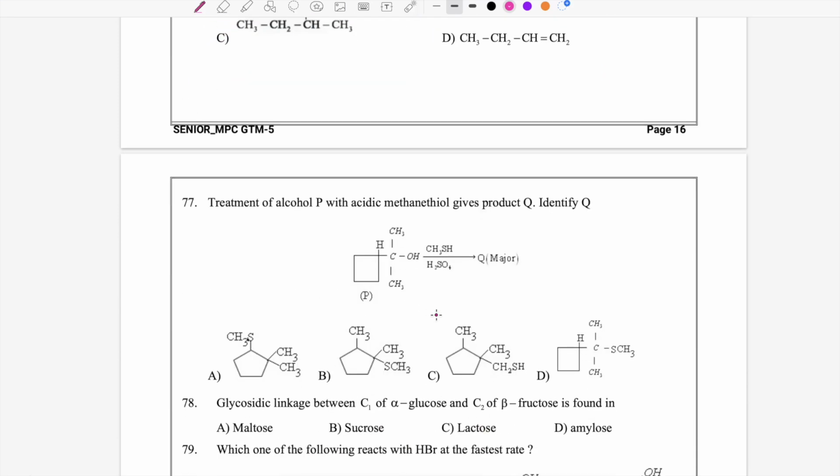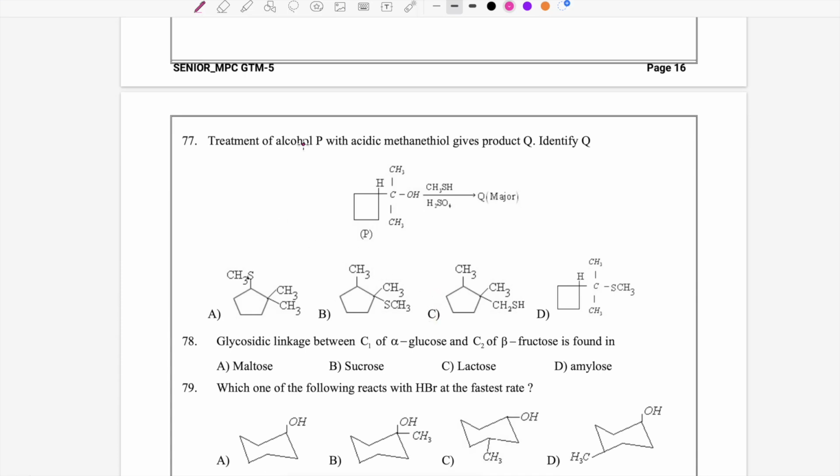Yeah, we'll move to the treatment of alcohol P, acidic methanethiol gives a product Q, and identify the Q. For this reaction, first there will be dehydration of the acid, this leaves, and a carbocation is formed. Then ring expansion happens, this carbon will be attacking over here.